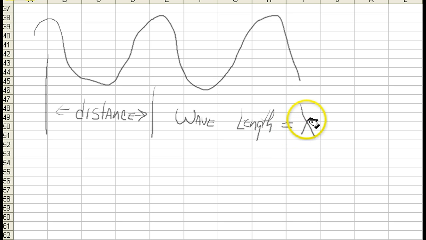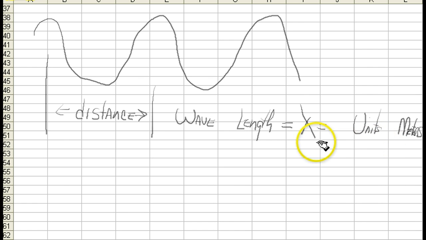So when you see this upside down Y, we're talking about wavelength, and we're talking about the distance between the peaks. All right, and the units we typically describe wavelength in is meters.